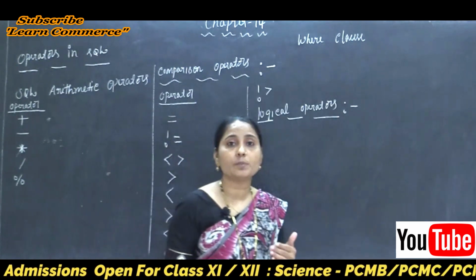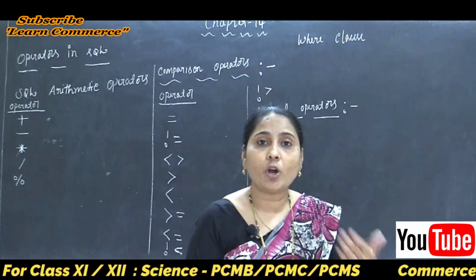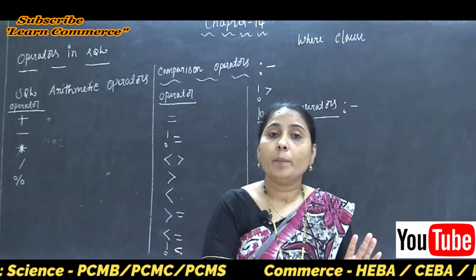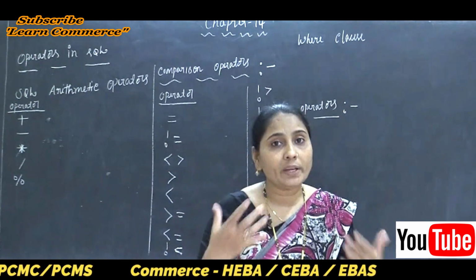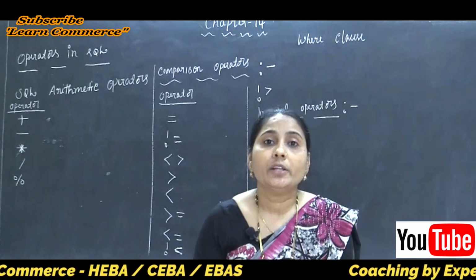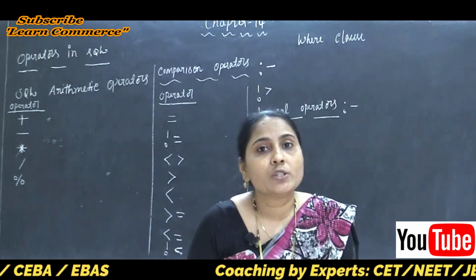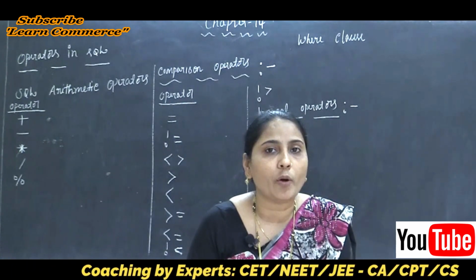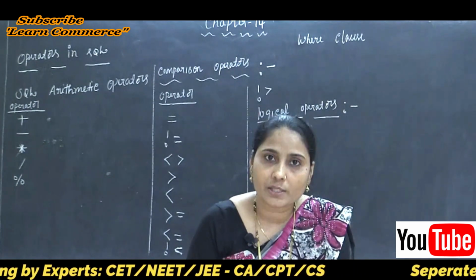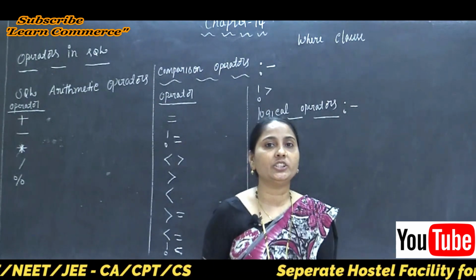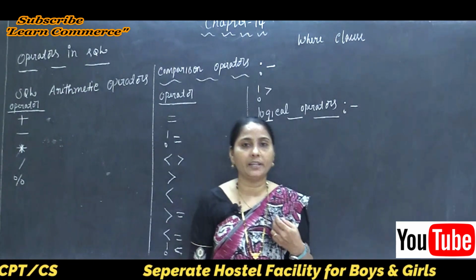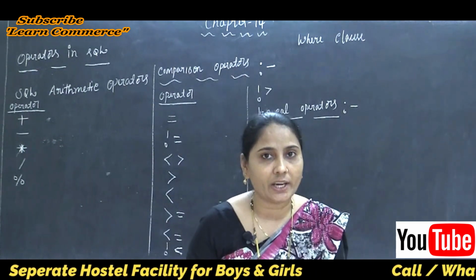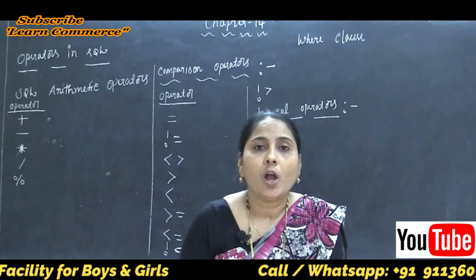If you want to use more than one condition, you can use operators such as the AND operator or the OR operator. Many operators are there. So operators are used to specify the condition, and also to serve as conjunctions for multiple conditions in an SQL statement. So clear the meaning of the operators.